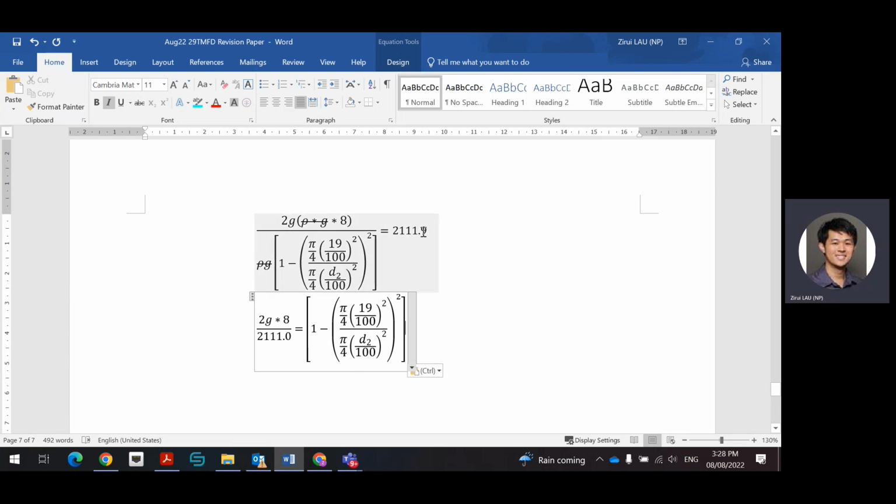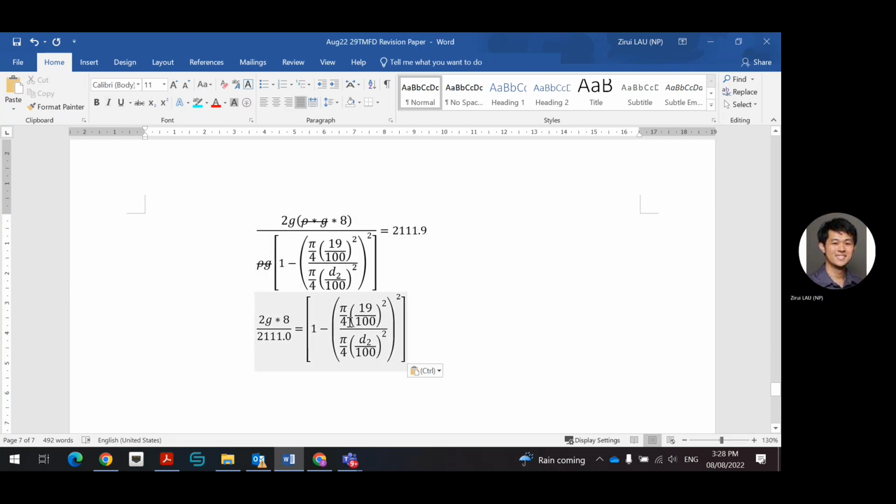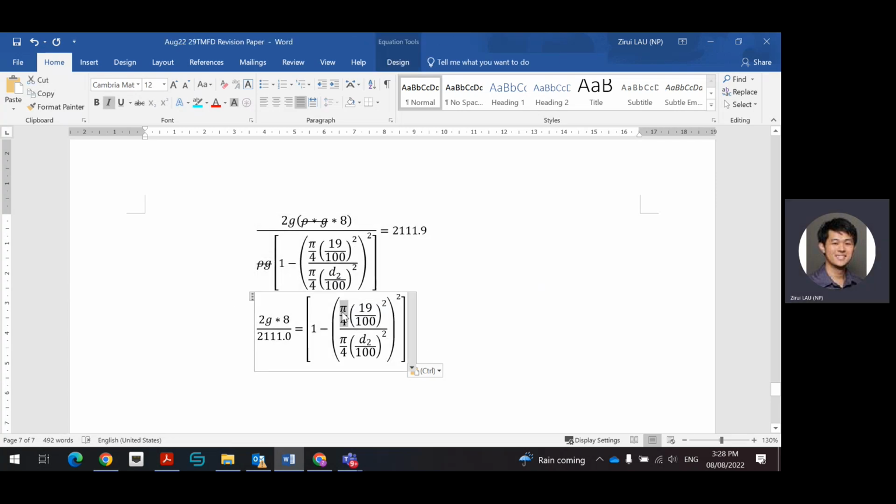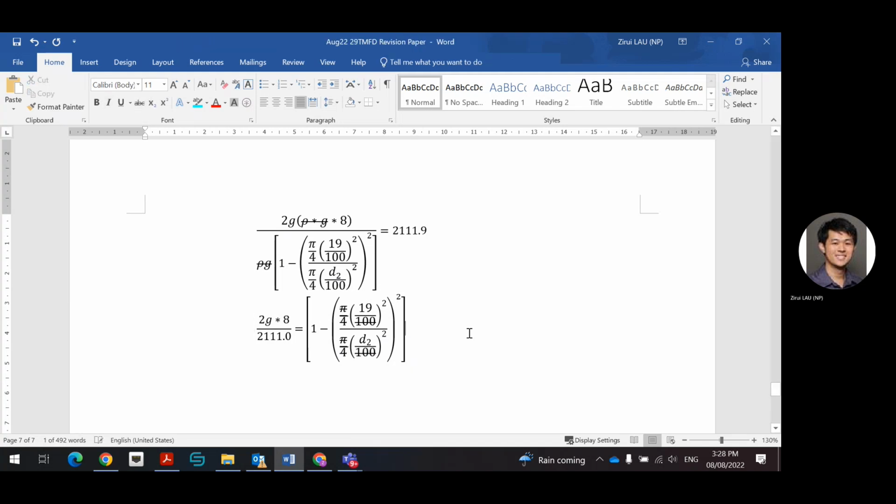So this one shifts up, this one shifts down. So pi over 4, all these can cancel. The 100 is also going to cancel.